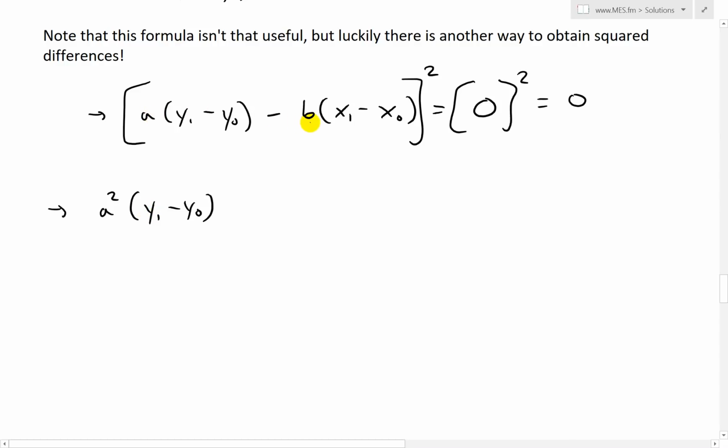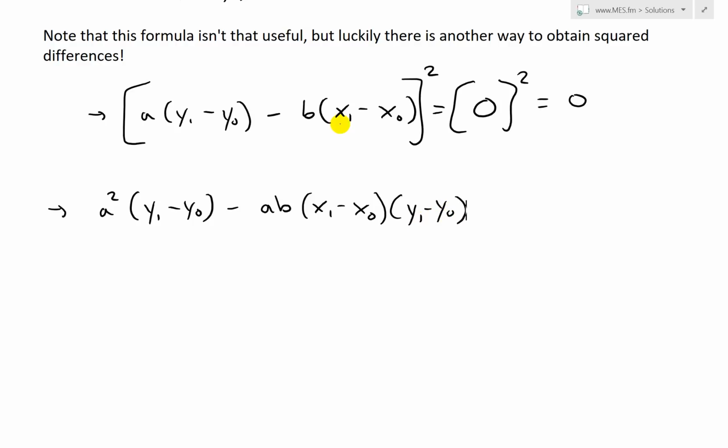Then we multiply this by this, and we end up having a negative ab, times (x1 minus x0), times (y1 minus y0).